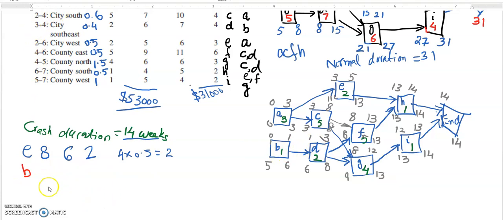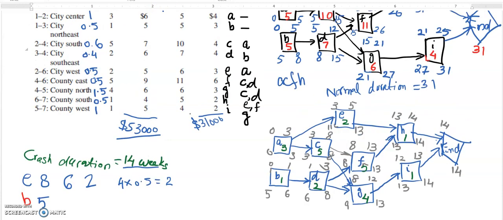The normal duration of B was 5, and the current duration is 1 day. So from 5 to 1. So that means we have compressed activity B by 4 days.